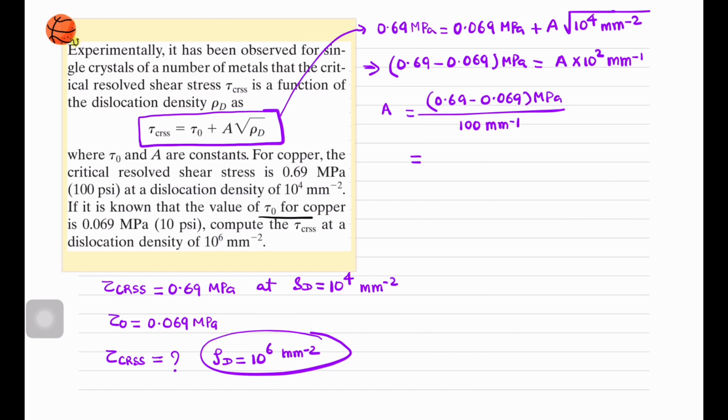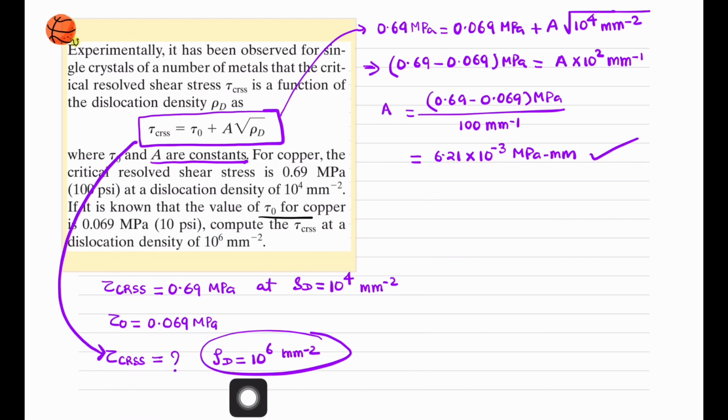If we find the value, we get 6.21 into 10 to the minus 3 megapascal into mm. So this is the value of constant A. Now we have the values of tau naught, A and rho d, so we simply calculate the critical resolved shear stress at this dislocation density.